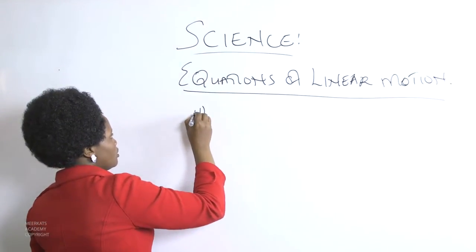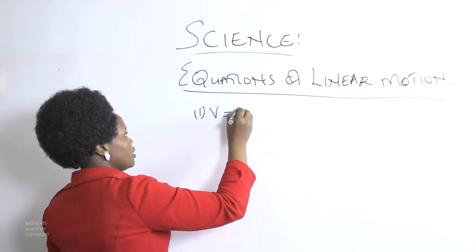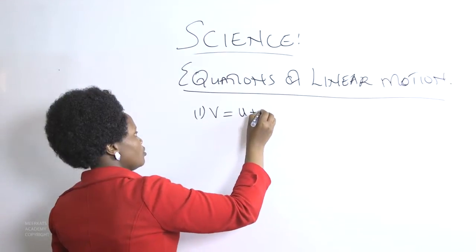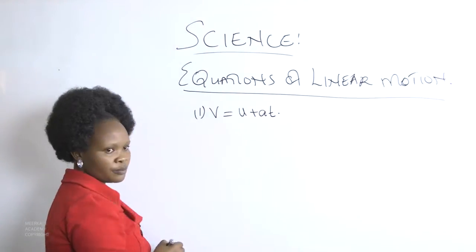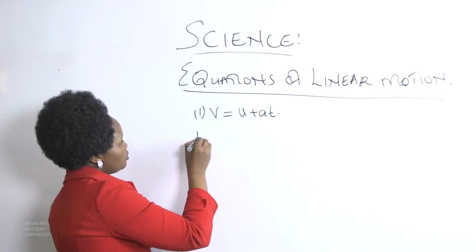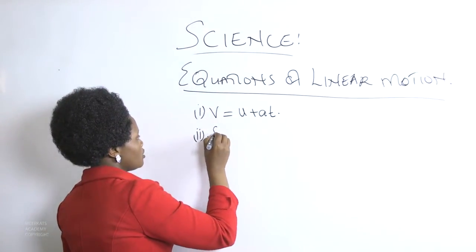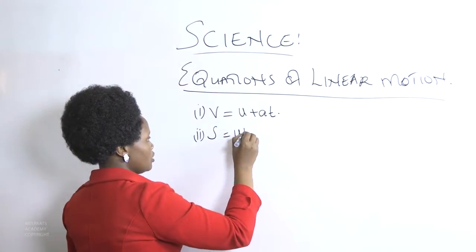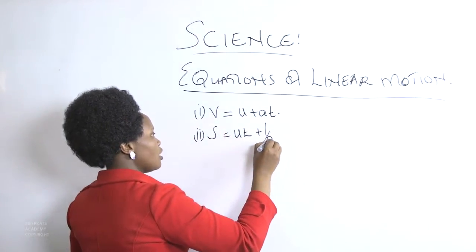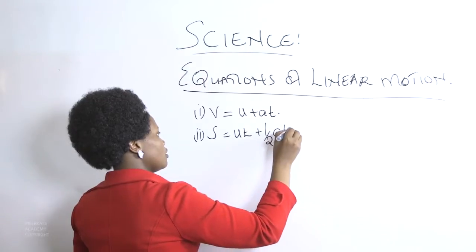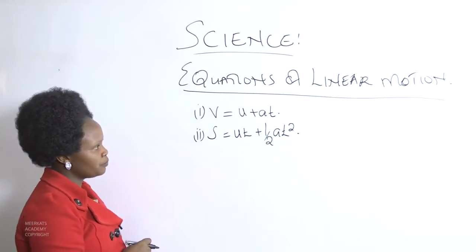Number 1, v is equal to u plus at. Number 2, s is ut plus a half at squared.